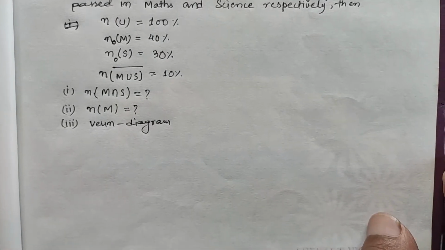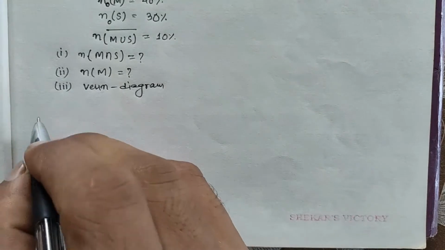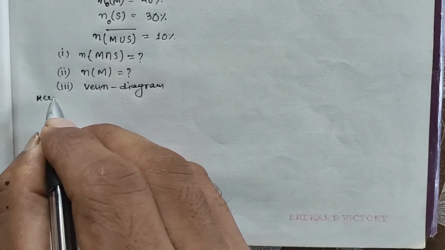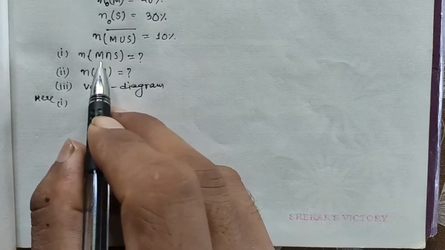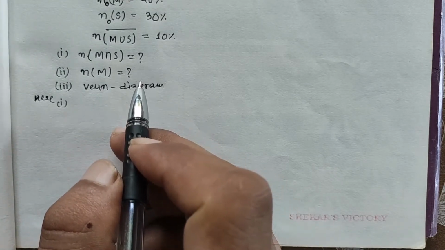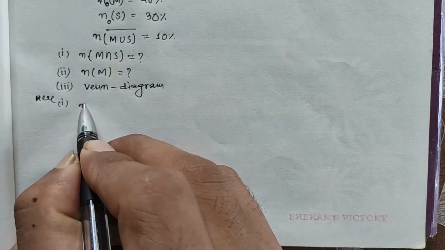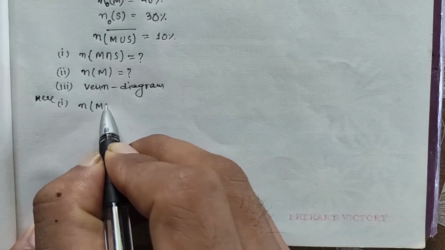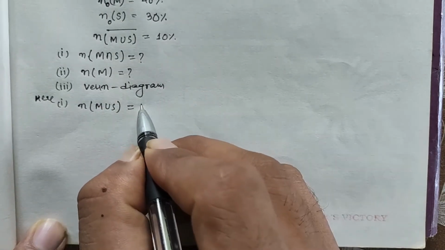So now we have to solve it. We will start from the first. To find the intersection, as I already told you, you must know the union, otherwise you are unable to find the intersection. So to find the union n(M union S), because we have the complement, we can find the union.